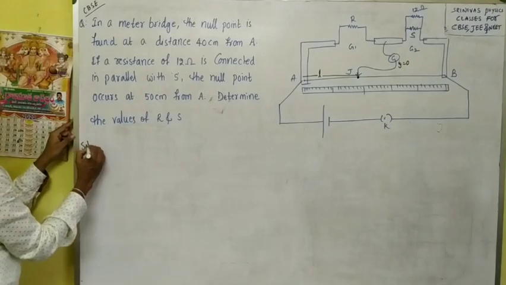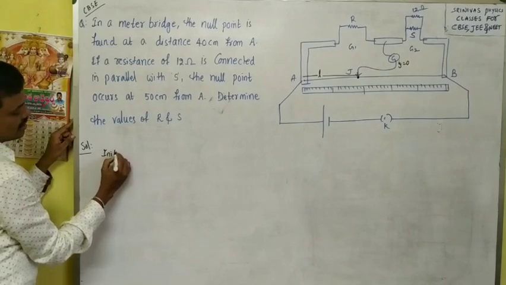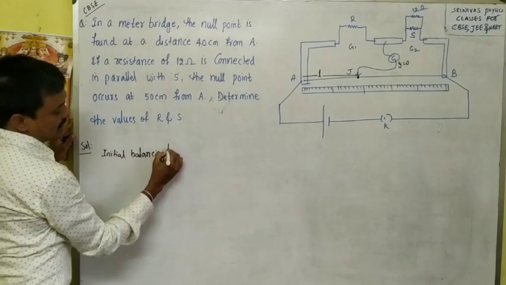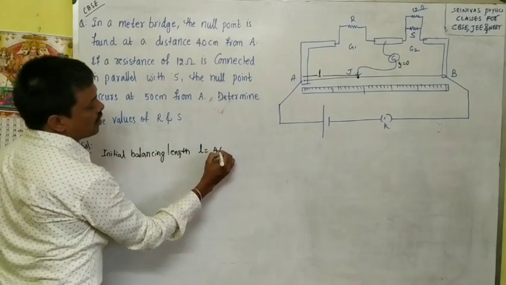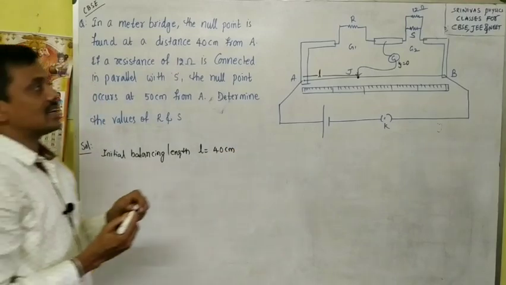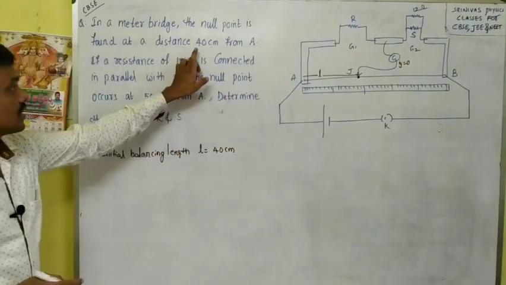And the solution, let us see. The initial balancing length, what did they give? The initial balancing length they gave is 40 centimeters. When the left side resistance is R and the right side is S, the balancing length is 40 centimeters.